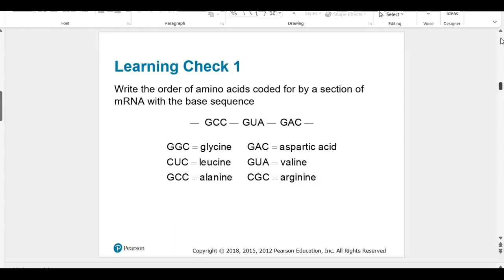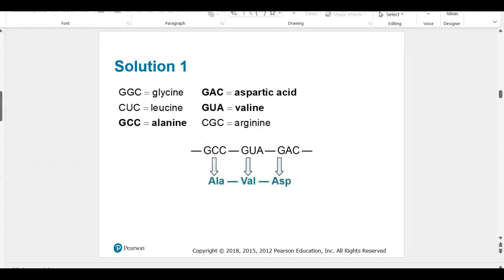So GCC corresponds to alanine, GUA corresponds to valine, and GAC corresponds to aspartic acid. So you're going to write this as a sequence of 3 amino acids, and you already know how to write a tripeptide sequence, and so there's your tripeptide sequence: alanine, valine, aspartic acid. Did I say aspartic acid? I think I did. But GAC, it is aspartic acid you see there.